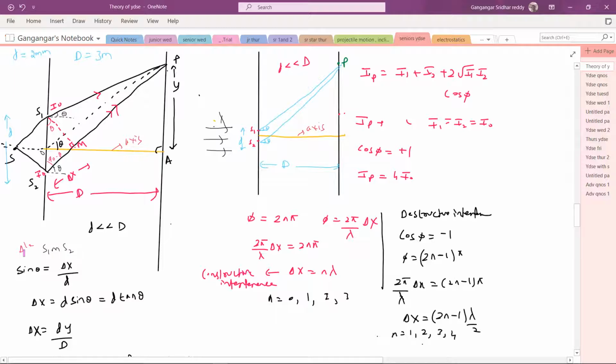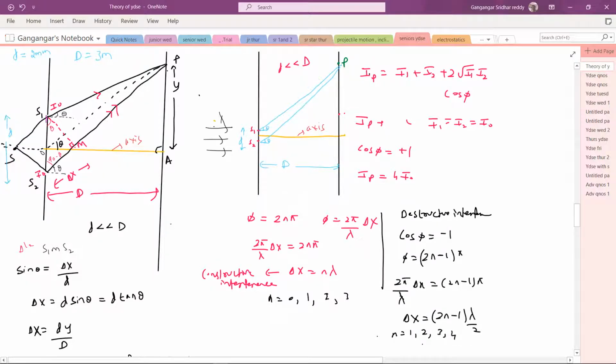Let me look at the triangle S1M S2. What is sine theta? Delta x by S1S2. That S1S2 is equal to what?